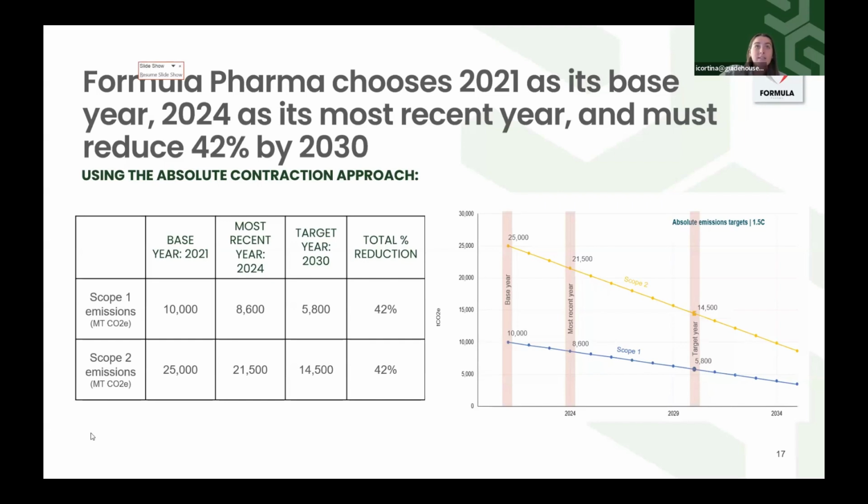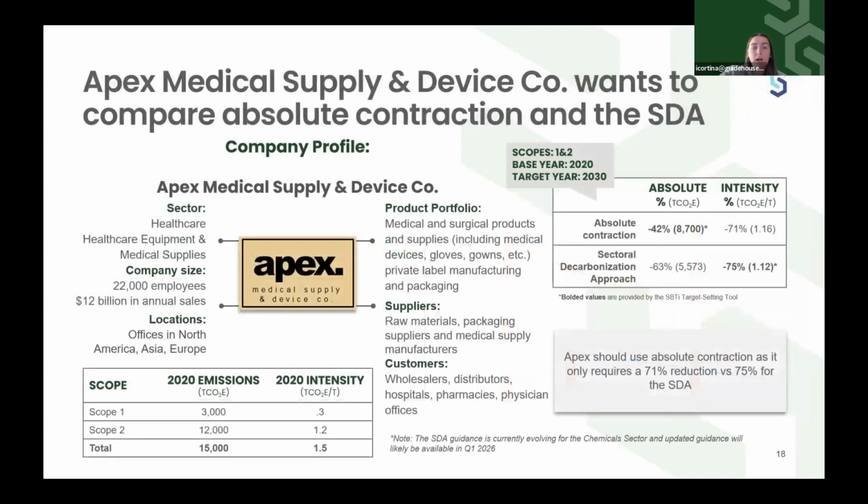Now that we understand that absolute contraction approach, I want to use our other example, Apex Medical Supply and Device Company, to talk about the sectoral decarbonization approach. Apex Medical Device and Supply Company has an SDA option because they are included in the chemical sector.